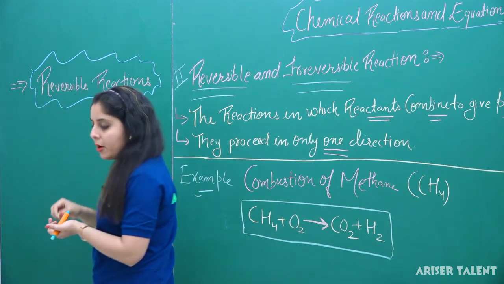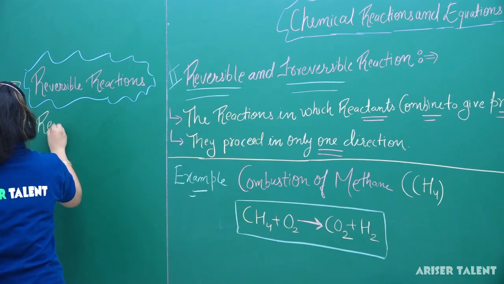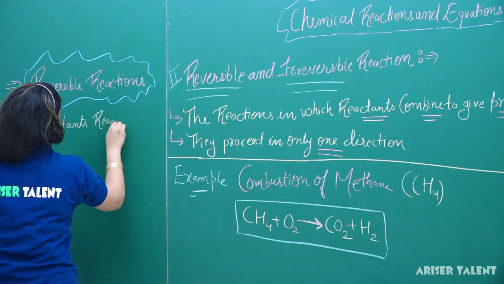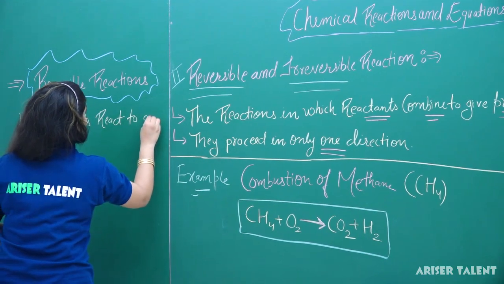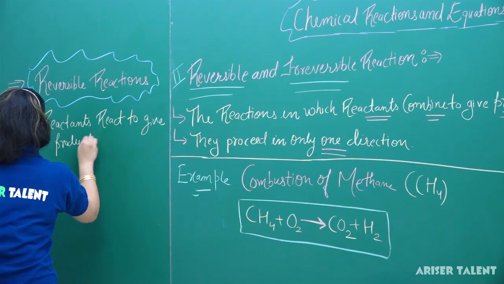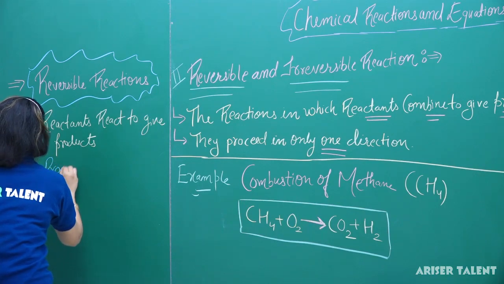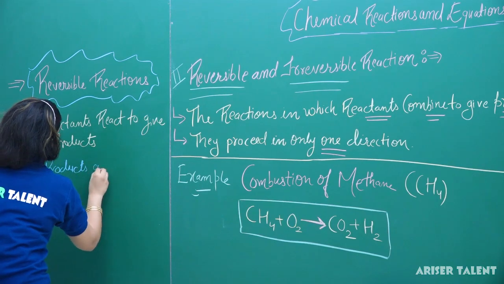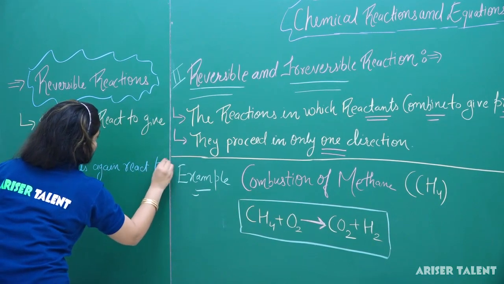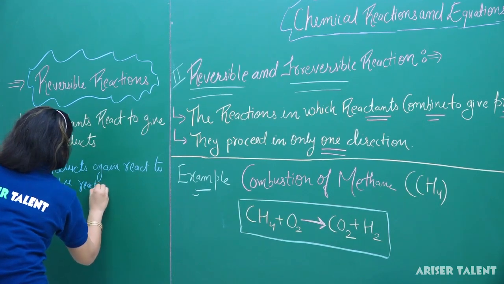The main points regarding reversible reactions are: reactants react to give products, and the second point is products again react to give reactants.